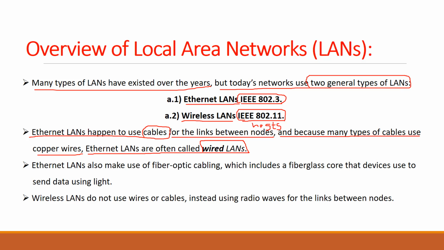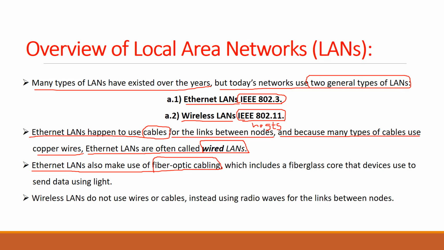So if you think about the types of LANs, we have wired LANs and wireless LANs. The wired LAN uses cables, usually copper wires or fiber optic cables, and the wireless uses the electromagnetic field through the air. Ethernet LANs also make use of fiber optic cabling.